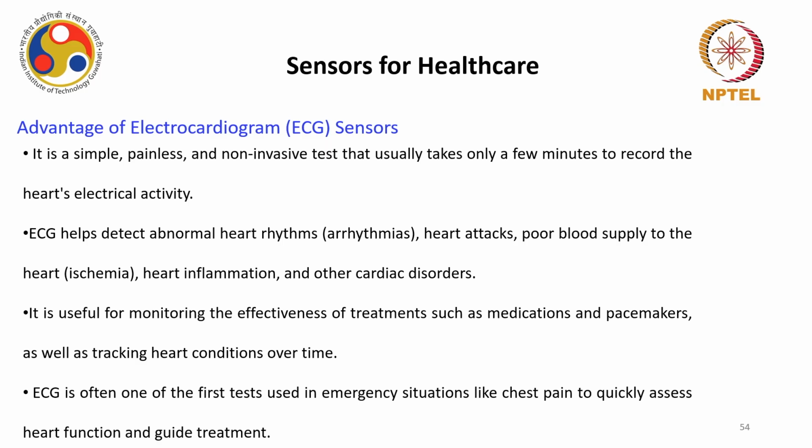The ECG helps detect abnormal heart rhythms and heart attack conditions. If there is any poor blood supply condition, it also shows that. It takes care of any kind of cardiac disorder, but it does not get any interference from non-heart conditions, because it solely takes care of the electrical conditions.